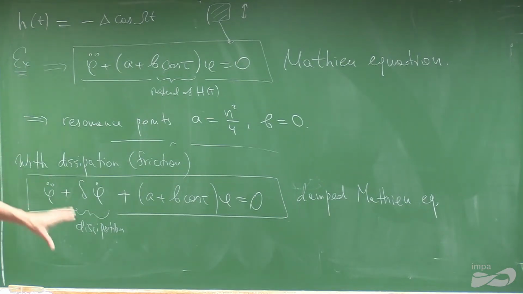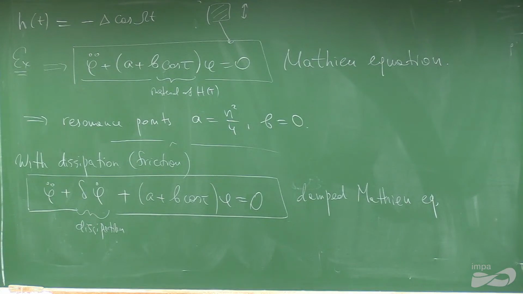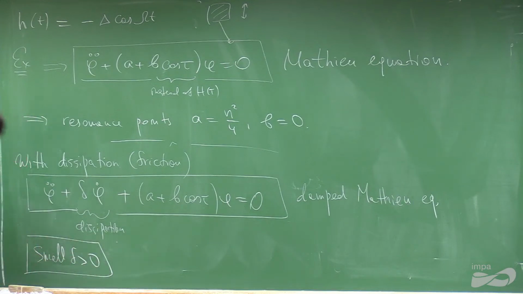Again, you can make the whole analysis in just the same way. You can compute the Floquet matrix and then check where the eigenvalues are situated. You cannot do it analytically directly. You can make asymptotic analysis or numerical analysis. So what you find is that whenever you add delta, which is a small positive delta, the dissipation coefficient, the stability boundary will change, and it strictly goes inside.